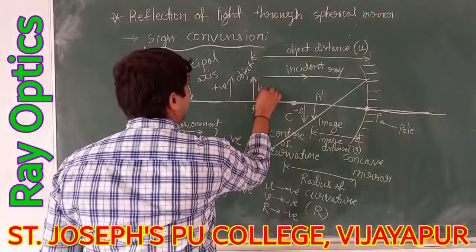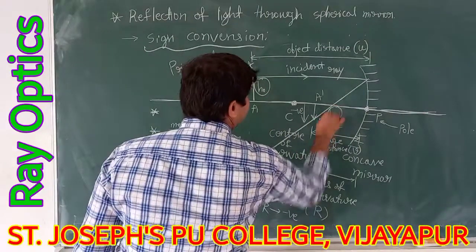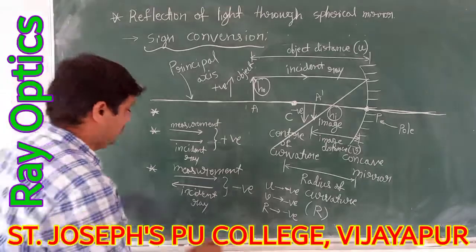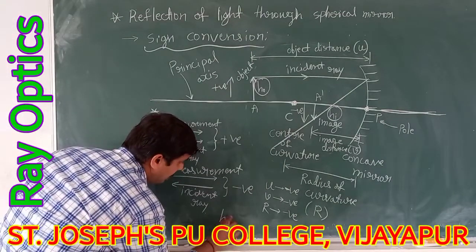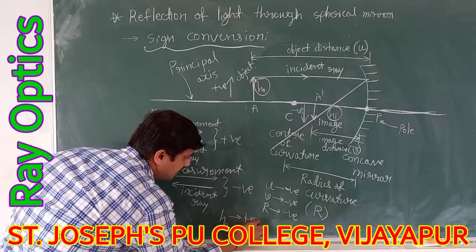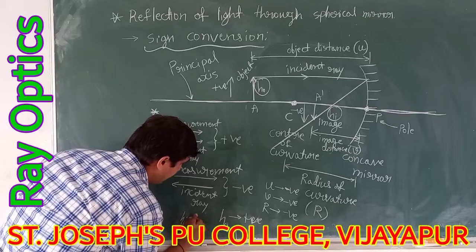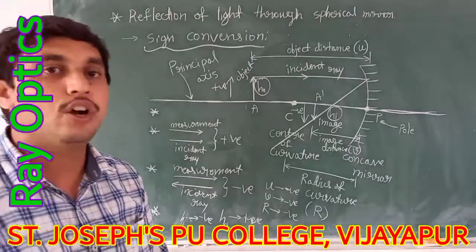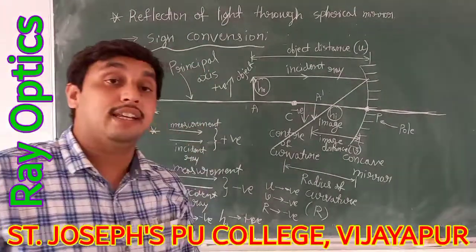The height of the object is denoted by the symbol HO, and the height of the image is HI. According to that sign convention, HO is taken as positive and HI is taken as negative. So this will be the sign convention.